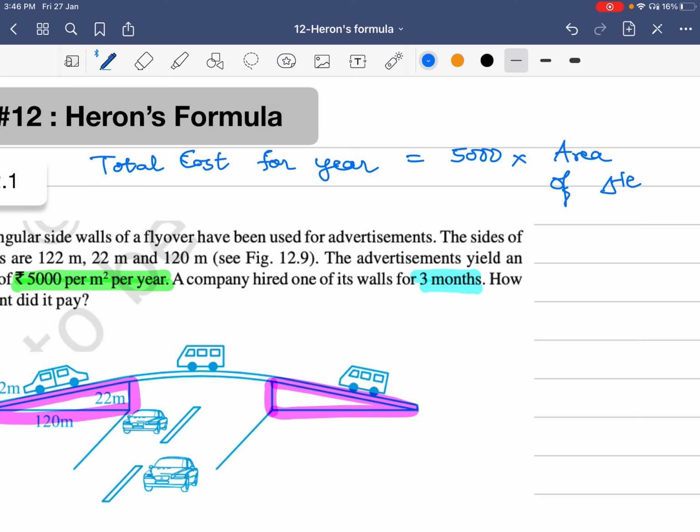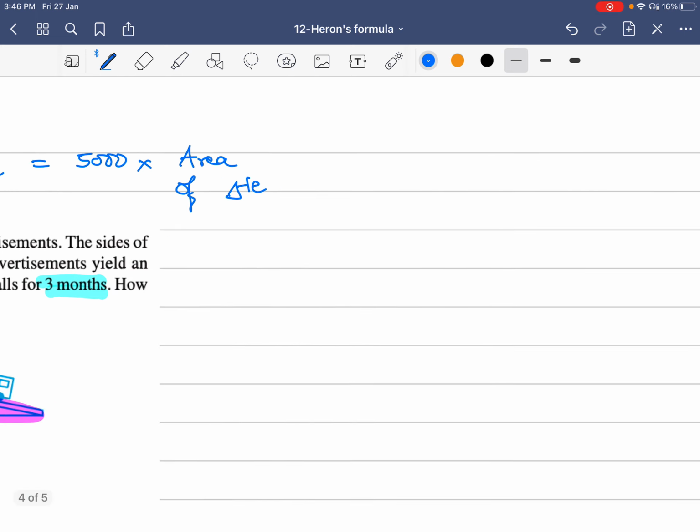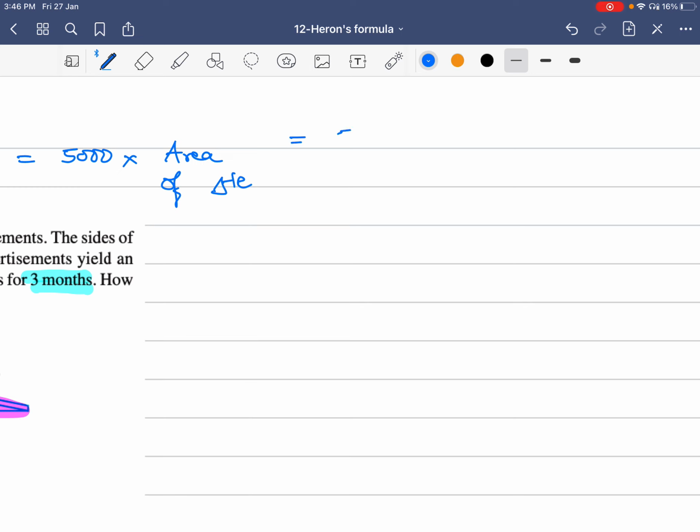That is going to be 5,000 rupees into 1320, the area which we recently found out. This is the total cost for the entire year for one wall.